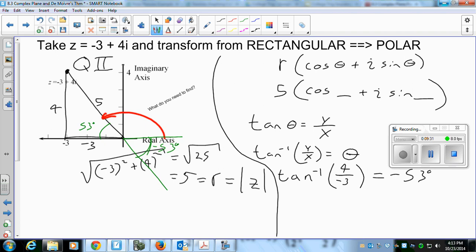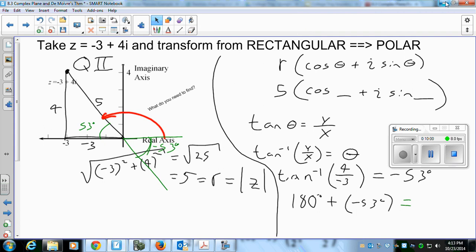To get it into a quadrant 2 angle, we understand we don't just use the principal angle, but I'm going to do 180 degrees, since we're not dealing with radians, plus a negative 53, and I get 127 degrees.